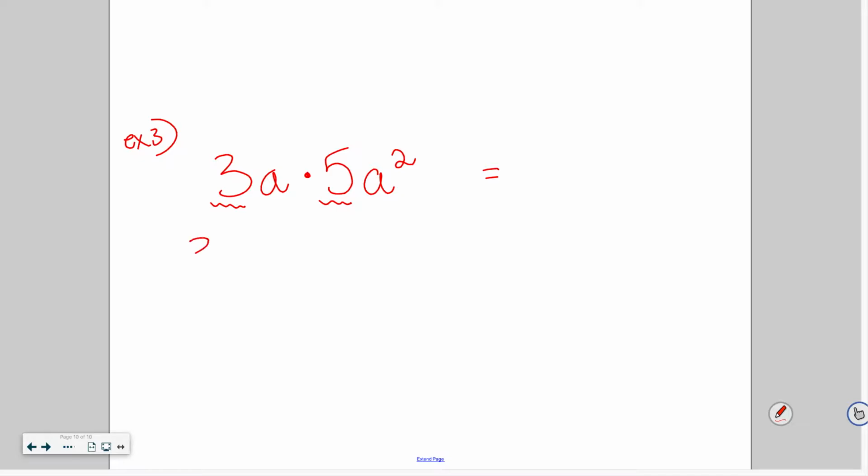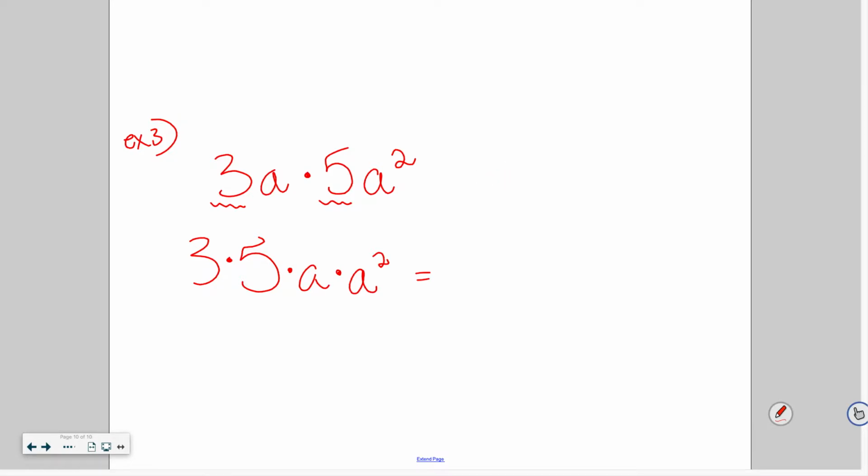So we could essentially think about those like this: 3 times 5 times a times another a to the second power. Do you see what I did here? Does that help maybe with the answer, Leonie? Is it 15 a to the, no, a to this second power?